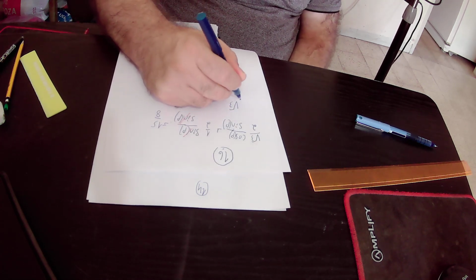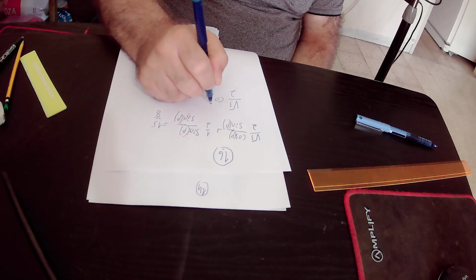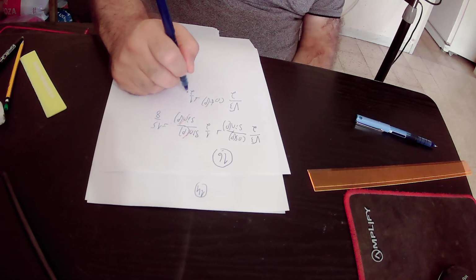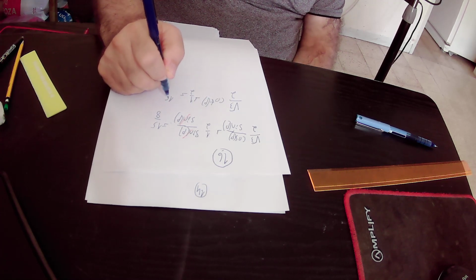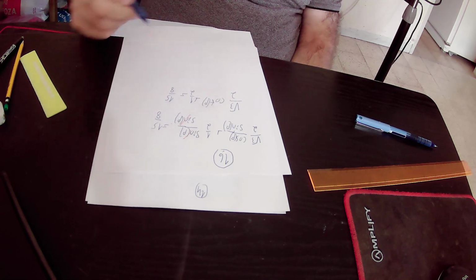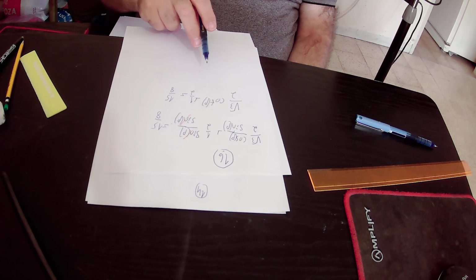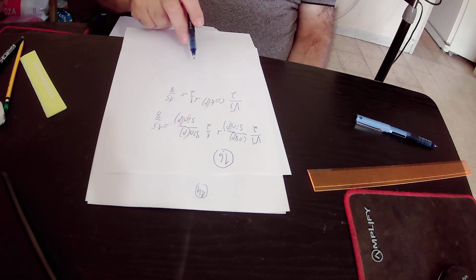Root 3 over 2 times cotangent p plus 1 over 2 equals 15 over 8. Here we will subtract 1 over 2 from this equality.